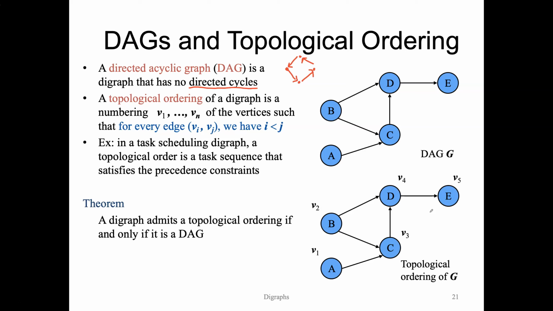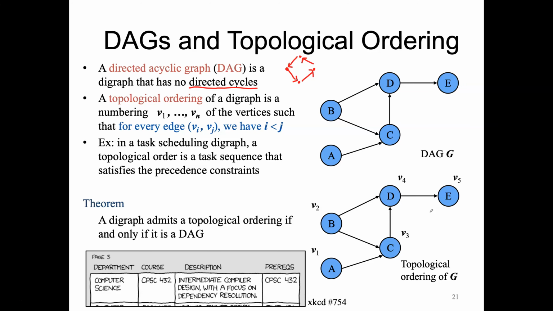So why would we want to know if our graph is a DAG? Say we had a digraph represented by tasks that had to be performed. If it wasn't a DAG, then that would mean that there is no sequence in which tasks could be accomplished which successfully satisfies all prerequisites.